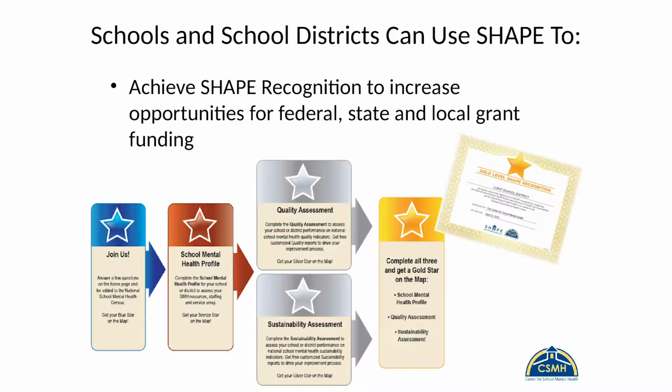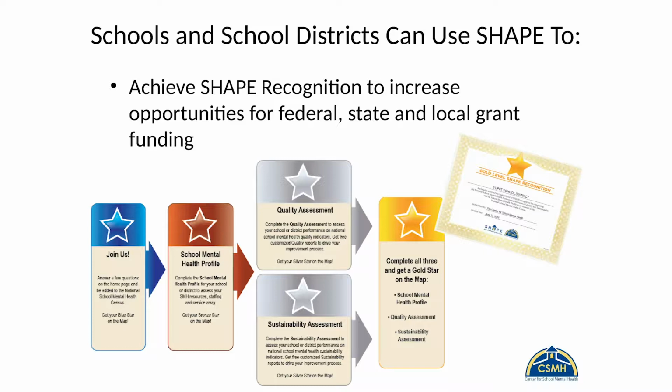Again, that's helping to populate that census, right? The bronze star, I always want to say red, but it's bronze, is where you fill out the school mental health profile. That is where you're going to answer just a few other questions. I think it's 11 questions total about your school or your district, and that helps to identify your resources, your staffing, your service array.